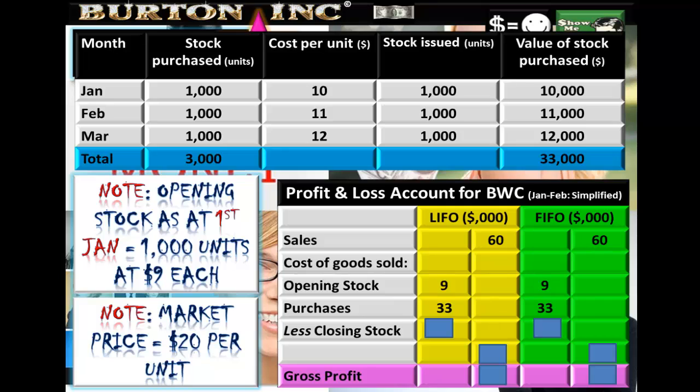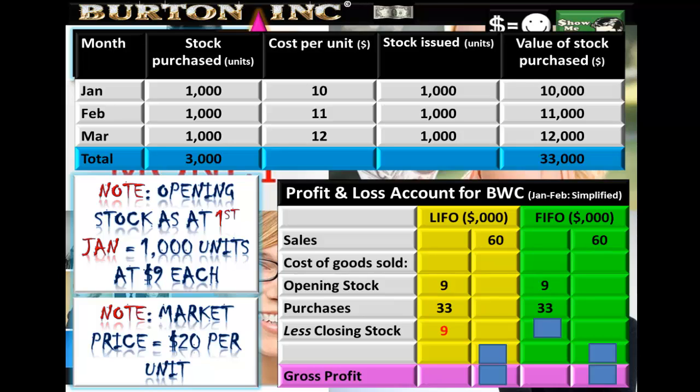In January, our lowest priced value of stock purchase is $9. In March, the cost per unit of our stock is $12. LIFO leaves us with our oldest stock.